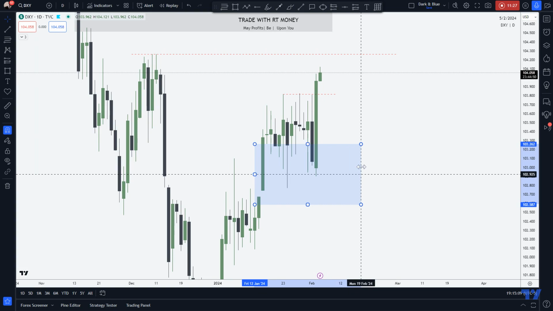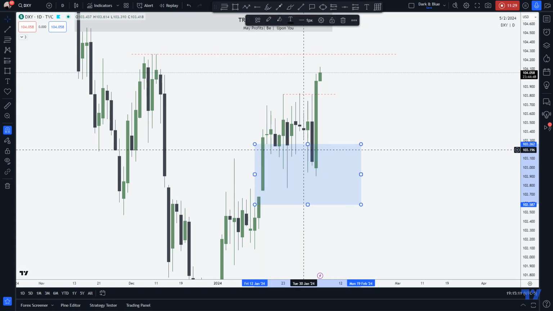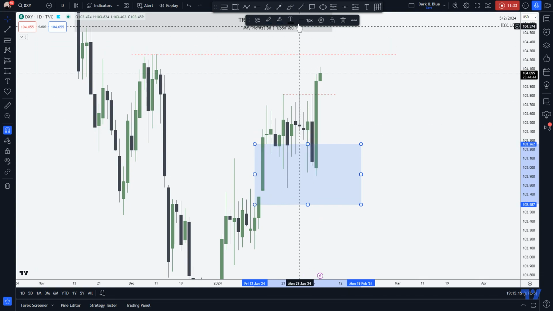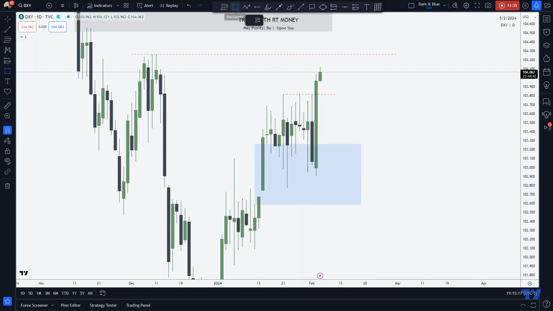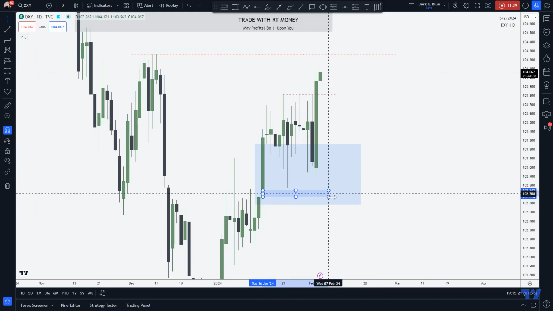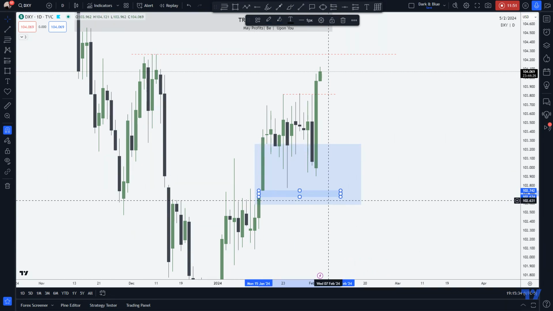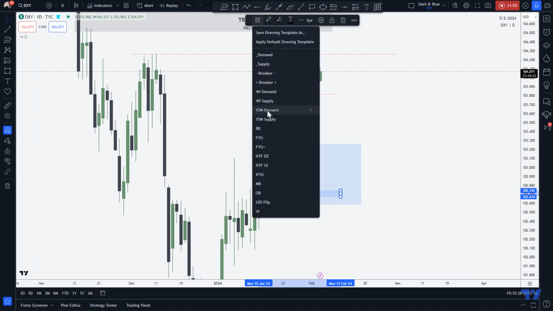This is a fair value gap being respected, and something extra here is the volume imbalance. I use volume imbalances as secondary because sometimes they can be quite weak. If you look at them as the same as a fair value gap, I think that would be a mistake.